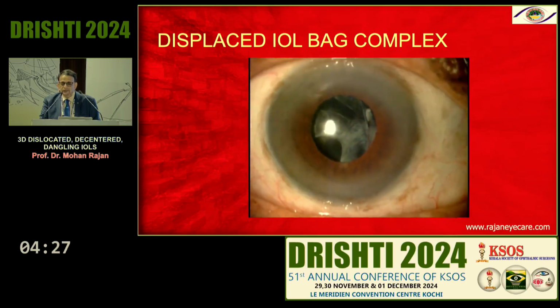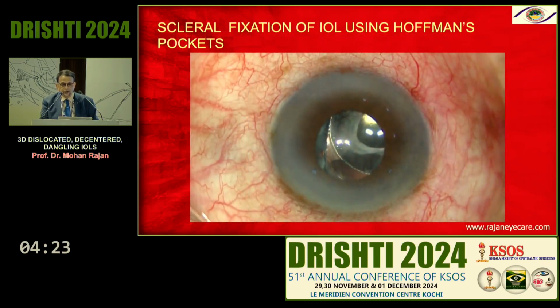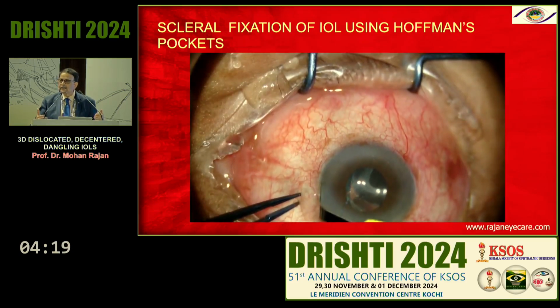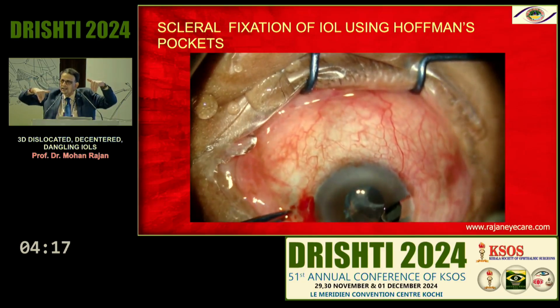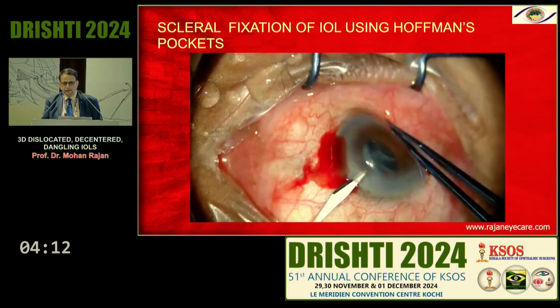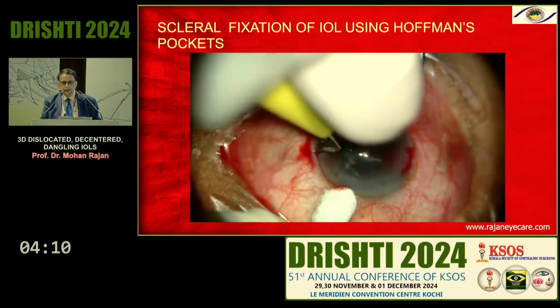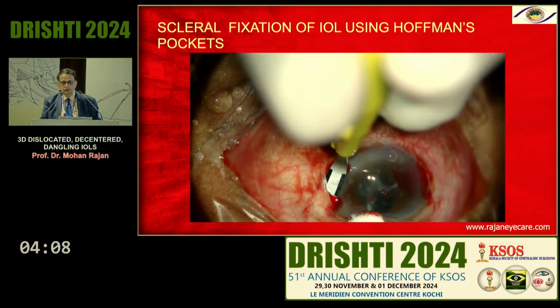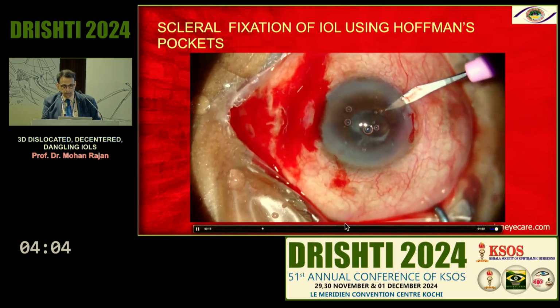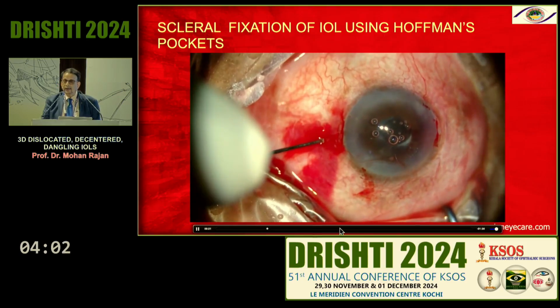What we have to do is put a suture. So we create a Hoffman's pocket, which is something where we don't open the conjunctiva at all. You go from the anterior, from the corneal side back, and you can see here this is the Hoffman's pocket which I am creating, and then I am creating a side port incision and going ahead and putting a suture, a 9-0 Prolene.